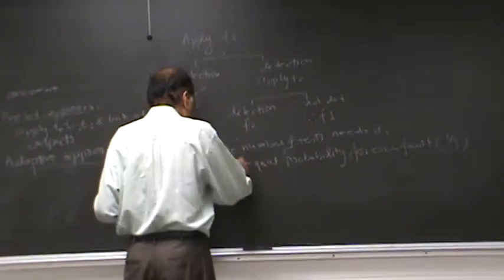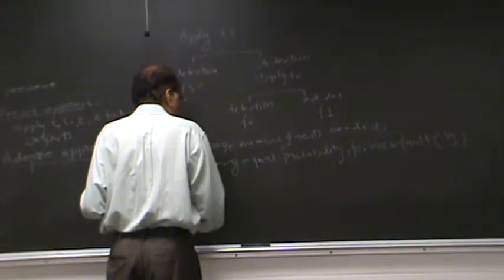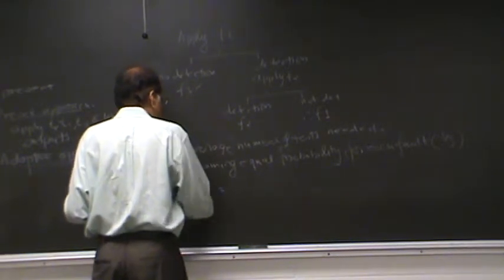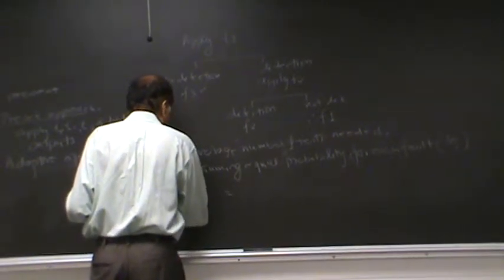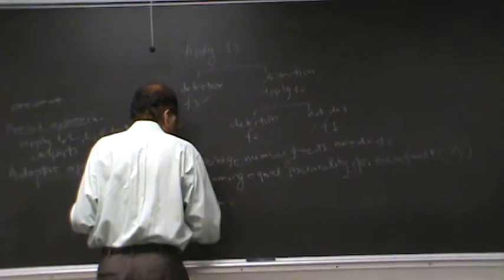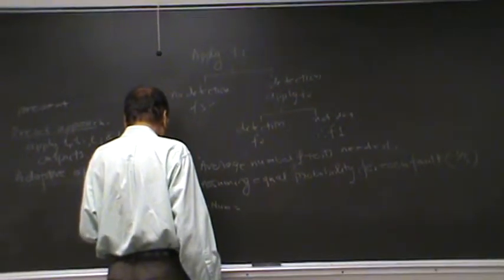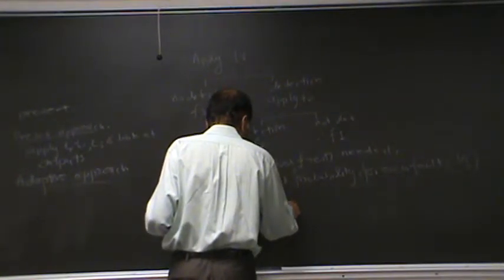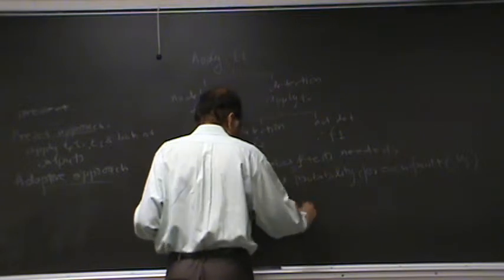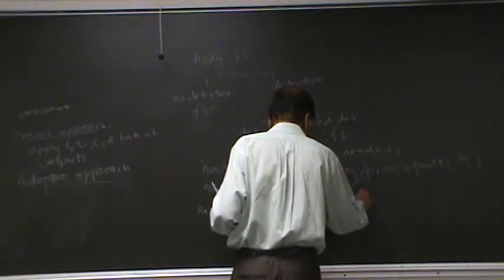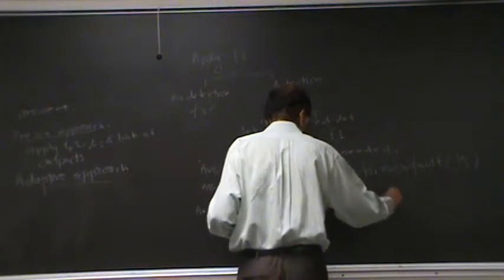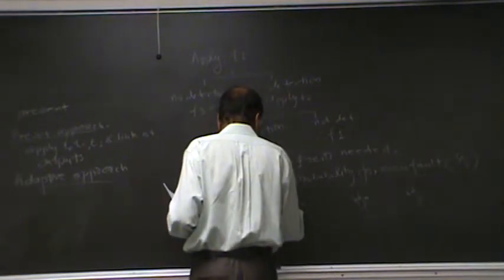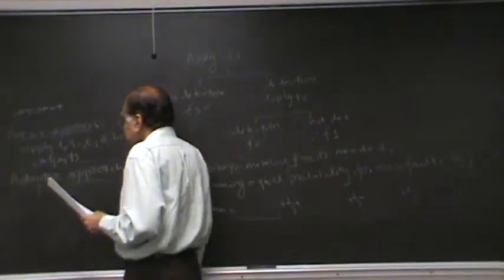Okay, so your expected number, the answer that we are looking for, so the average number is equal to how many vectors it will take if it is a fault F1.